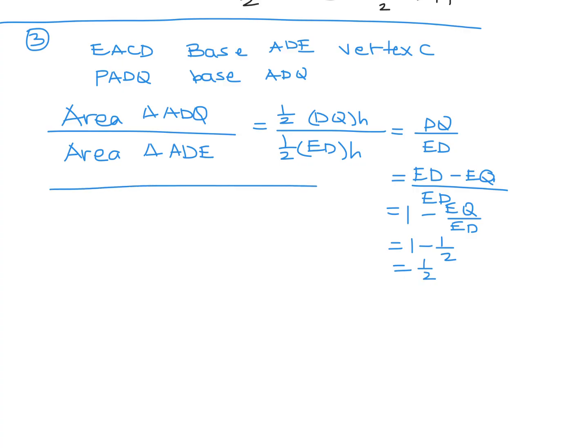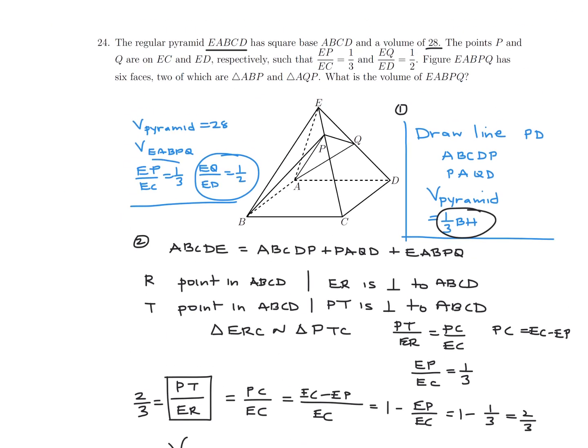Okay, and then finally, step number 4, this is the last step, fortunately. If we recall that EP over EC was 1/3, I think at the very beginning, yeah, right here.